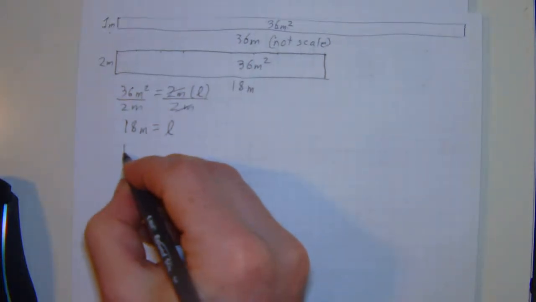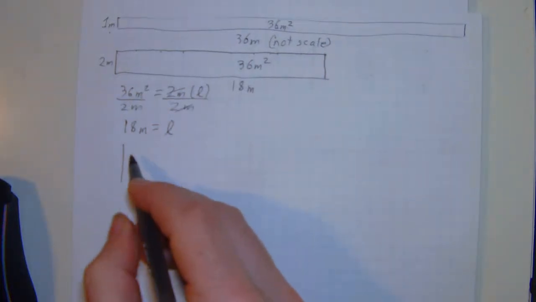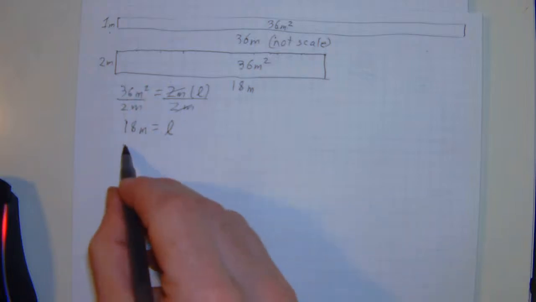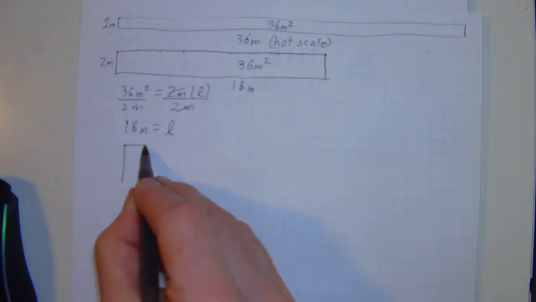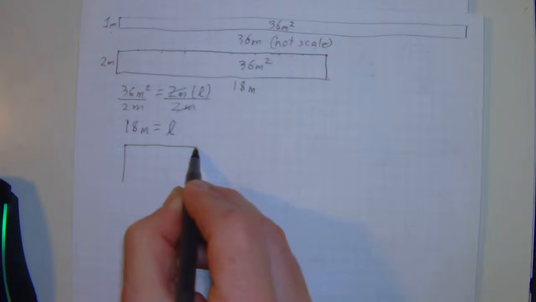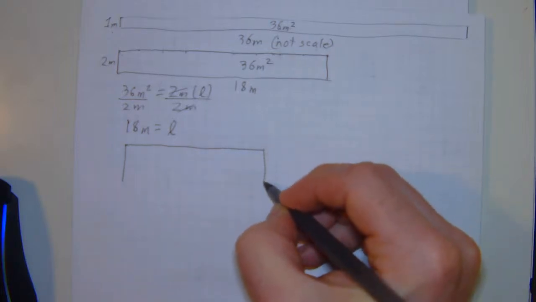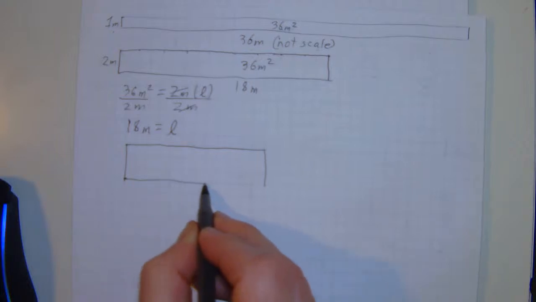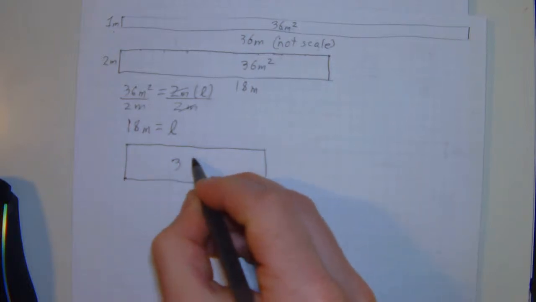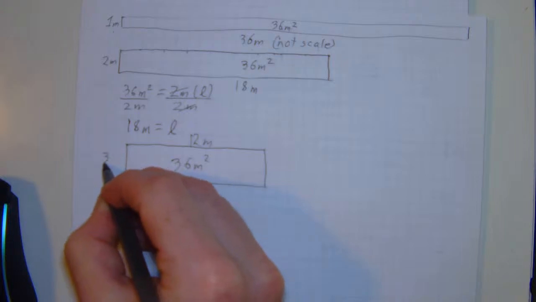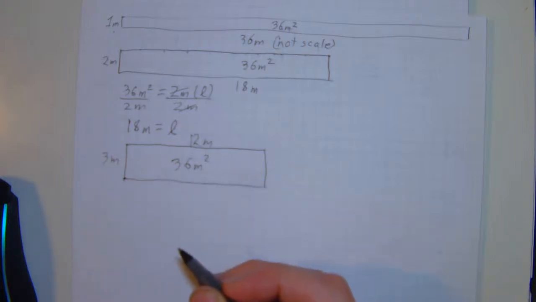And then I can do 3 meters. 1, 2, 3. Same process. 36 meters squared divided by 3 meters. I'm going to need 12 meters for the side length. So 2, 4, 6, 8, 10, 12. There we go. So this one also 36 meters squared, and that's 12 meters by 3 meters.